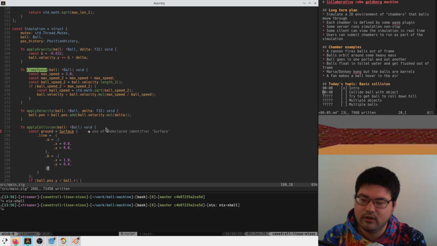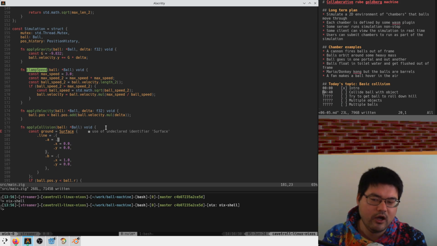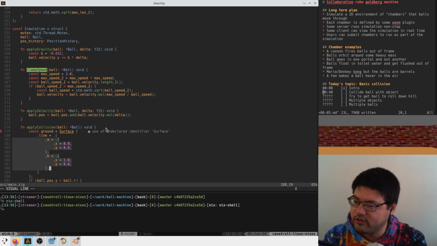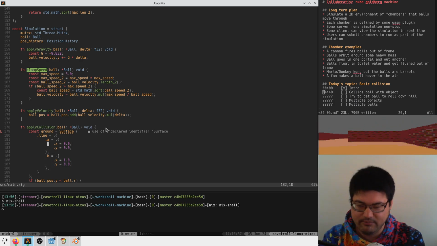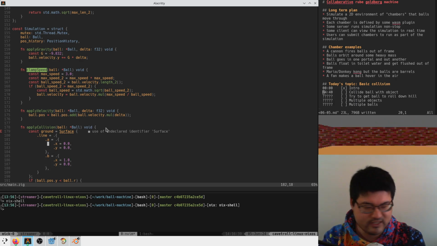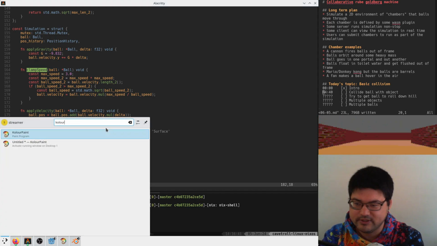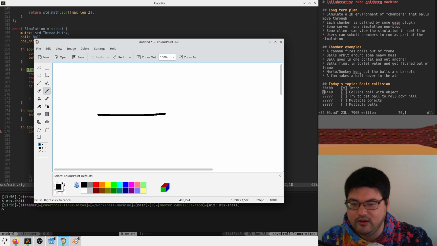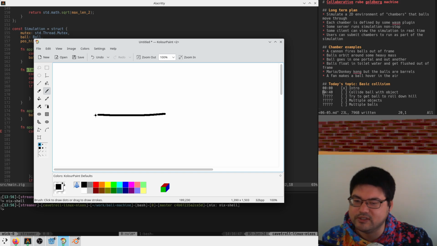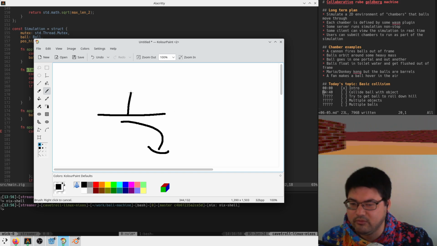Yeah, and I guess we can infer the normal of this line based off of the direction of A and B. Does that make sense? Let me think about this. If we have A to B, we can assume that this is a clockwise surface, right? So the normal is here.